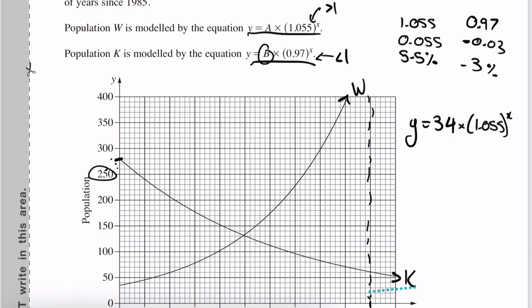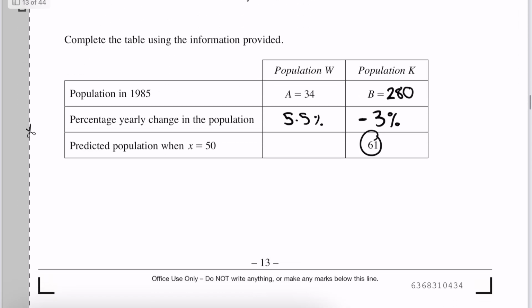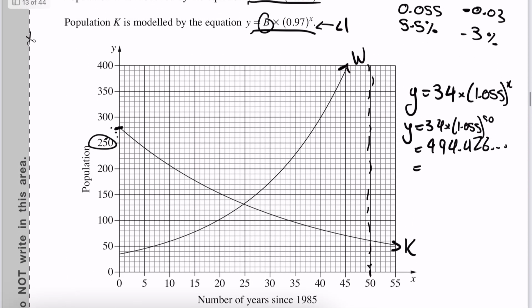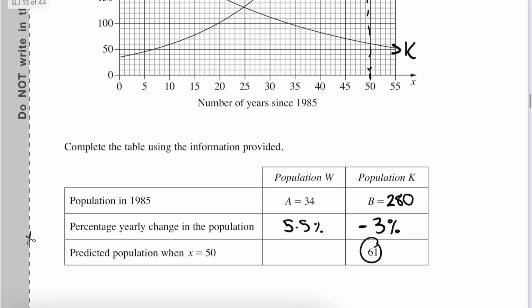So that means when we want x to be 50, we just substitute 50 for x. And what we end up getting is 494.426. And so when we want to predict the population, we just round down, so it would be 494.